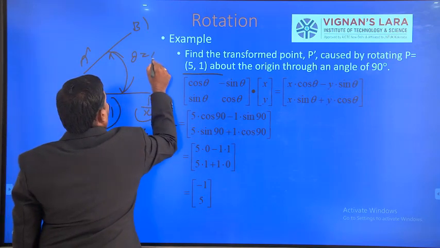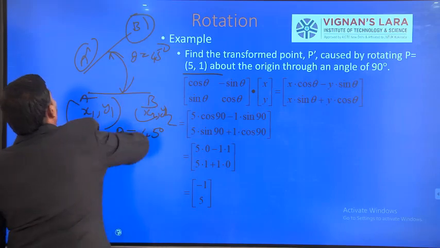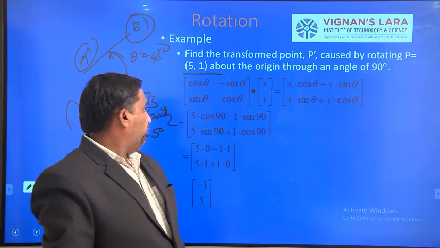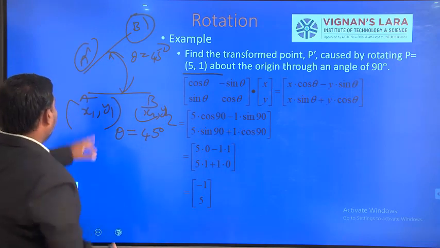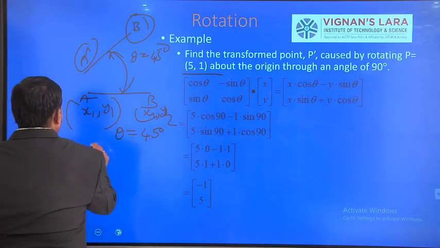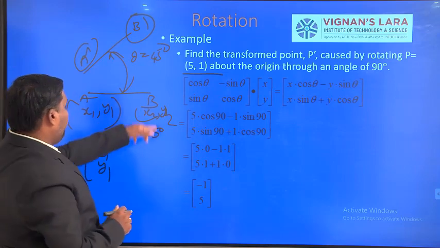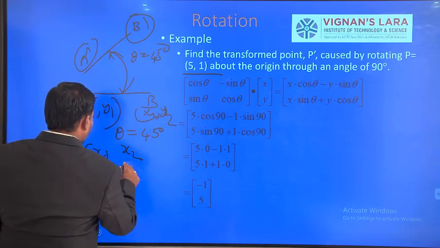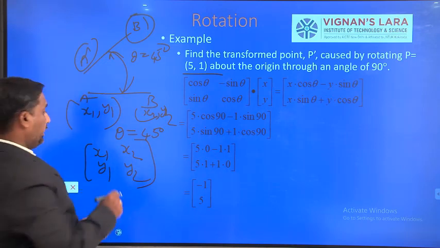Here theta equal to 45 degrees. What are the coordinates of A dash and B dash? That I have to derive. So what do I have to do? First, represent A in matrix form, x1, y1. Next, B in matrix form, x2, y2. The combination of these two, x1, y1 and x2, y2, gives AB.